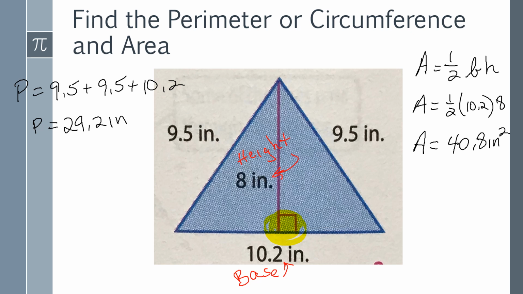Another little trick you can use would be to cut this value in half. The easiest one to cut in half would be 8. 1/2 times 8 is 4, and then multiply that by 10.2 and you get the same answer.